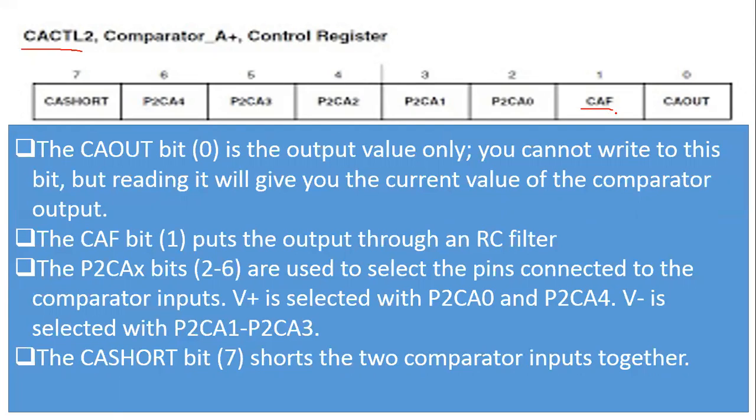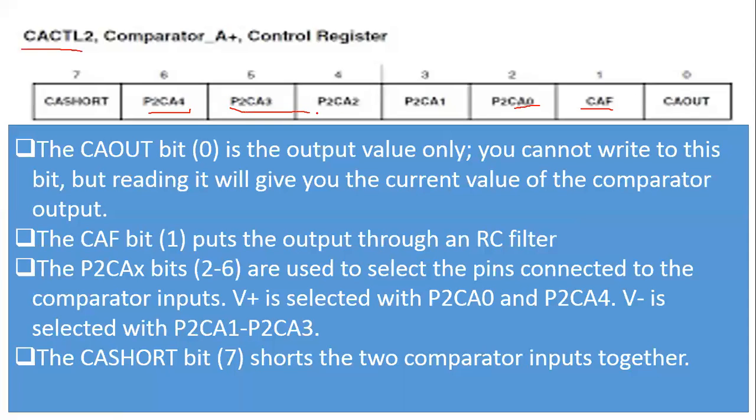So is the filter required or not? The filter is required if it is equal to 1, otherwise 0. And these are the P2CA0 and P2CA4. These two will be used for the non-inverting terminal analog signal selection.